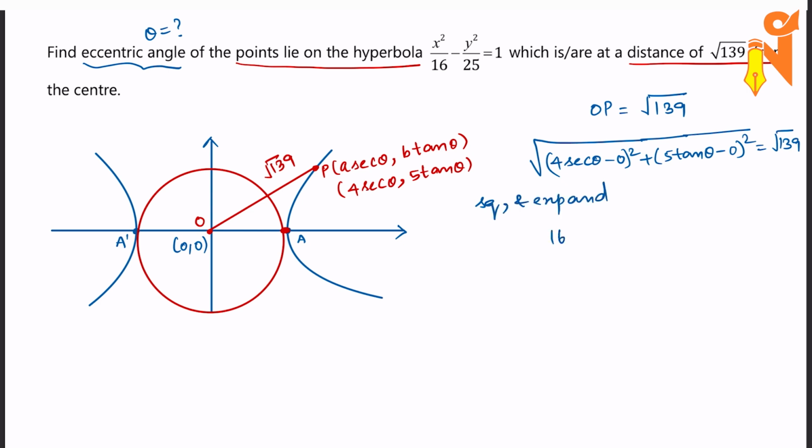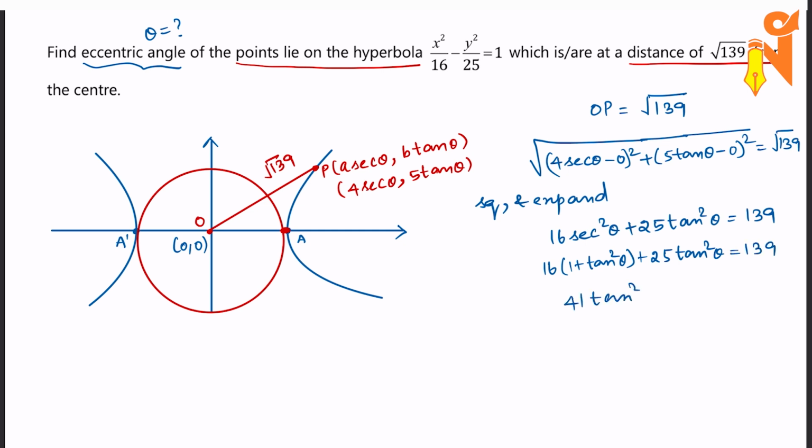What you will get is 16 secant square theta plus 25 tan square theta is equal to 139. So I'll convert everything in terms of tan square theta: 16 plus 16 tan square theta plus 25 tan square theta is equal to 139. So 41 tan square theta is equal to 139 minus 16, which is 123. So tan square theta will be 3, so tan theta is equal to plus or minus root 3.